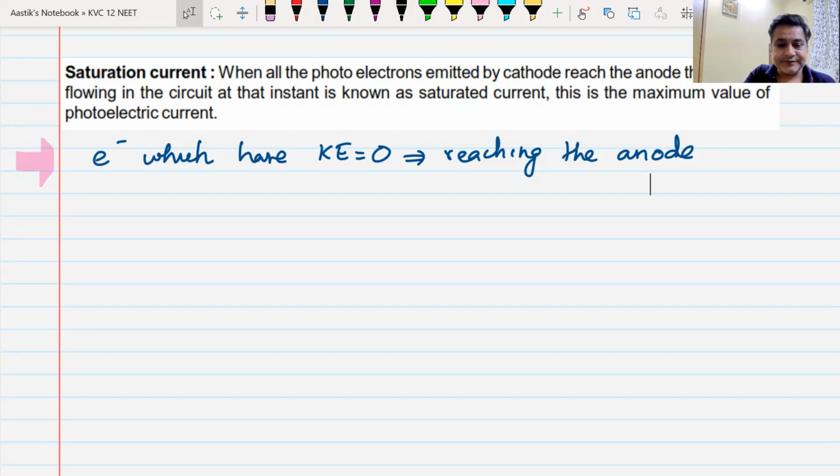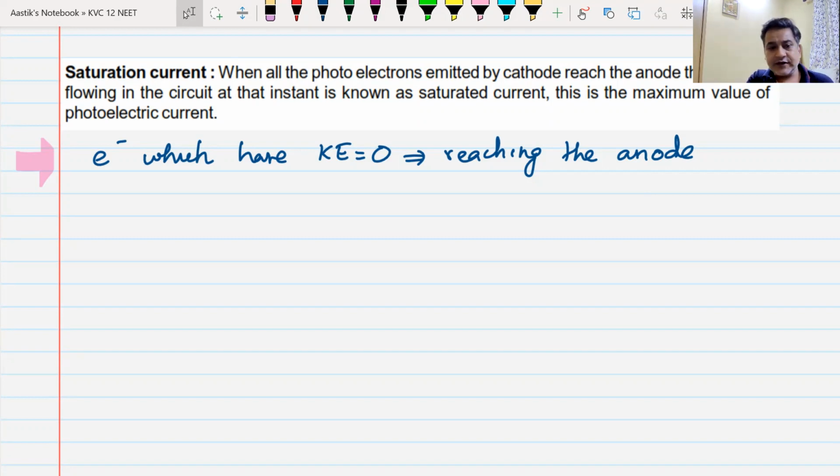Do we understand this? Okay. We have seen what happens when the potential is 0. Yes or no? Some current flows. Nothing happens from that current, but some current flows.